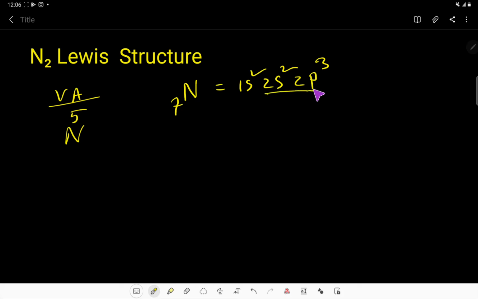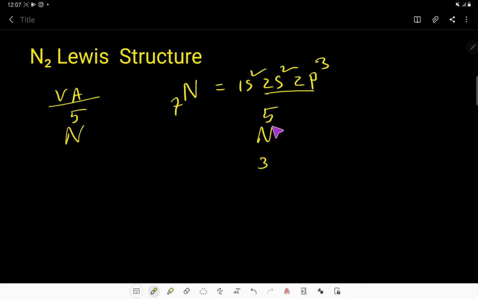Here is the electronic configuration of nitrogen, and the second shell is the valence shell, and in the valence shell we have 2 plus 3, that is 5 valence electrons. So nitrogen has 5 valence electrons, and we know that an atom or element wants to achieve octet, that is, it needs 3 more electrons to achieve octet.